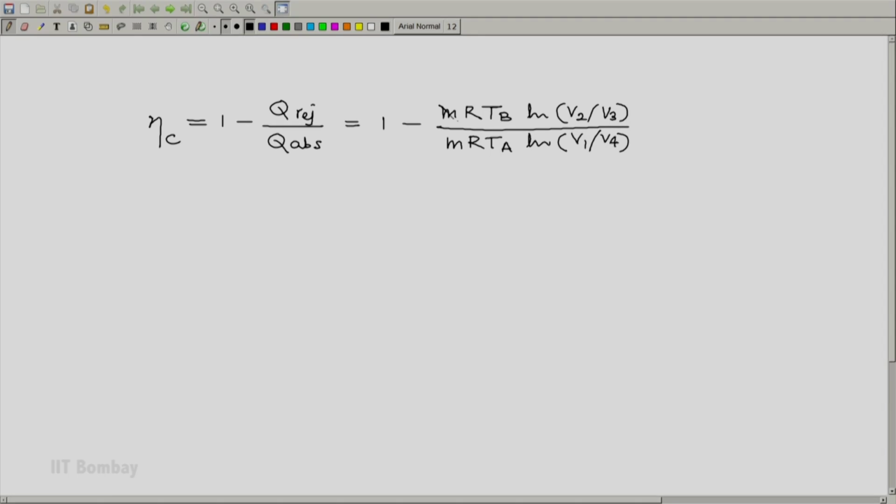It is obvious that mass and the gas constants cancel out from the numerator and denominator.